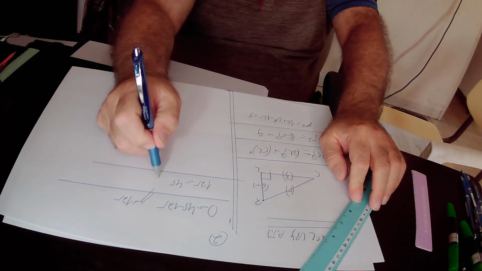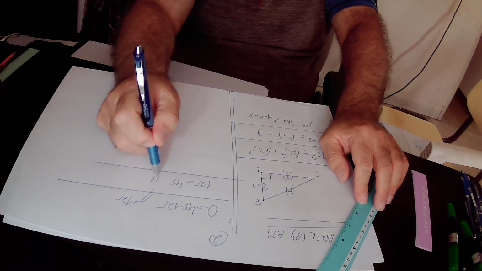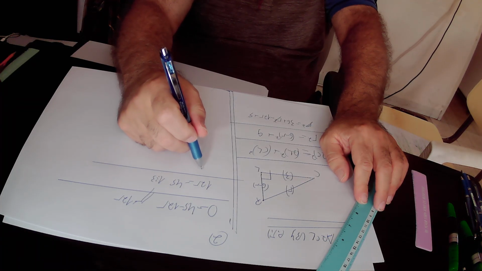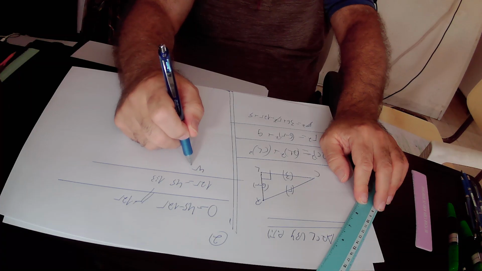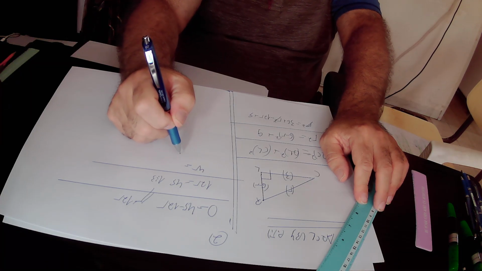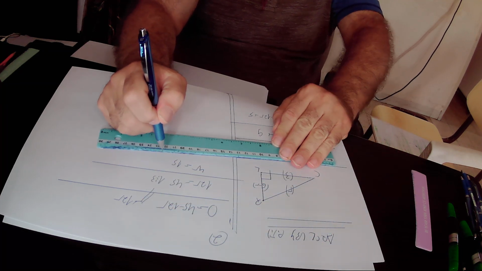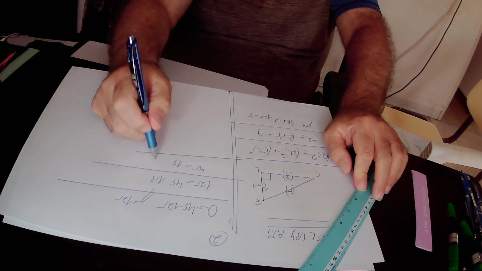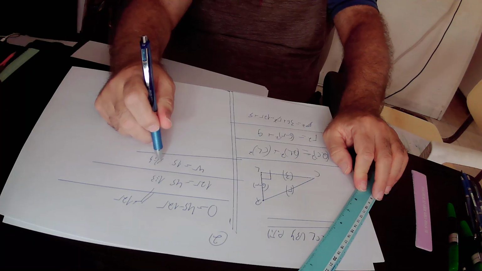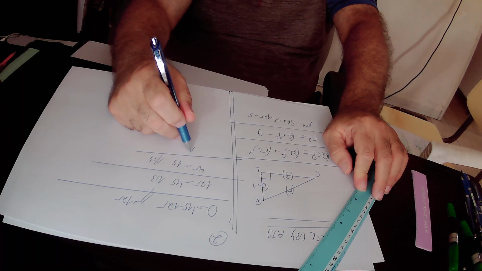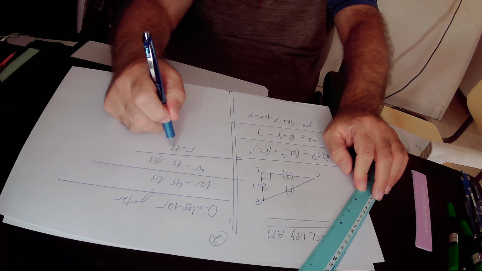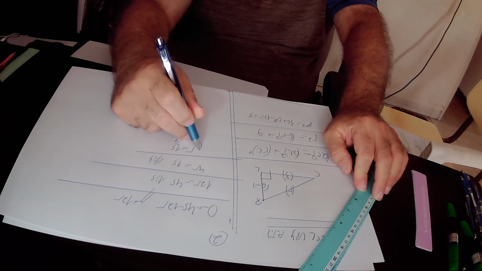Here we divide this equation by 3. We get that 12R over 3 is 4R, equals 45 over 3 is 15. So 4R equals 15. Here we divide this equation by 4. We get that the radius R of the semicircle is equal to 15 over 4 units in its length.